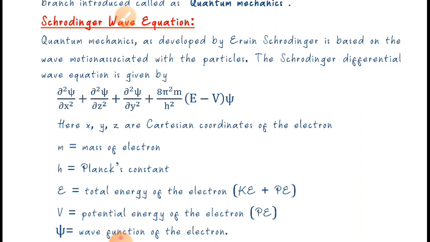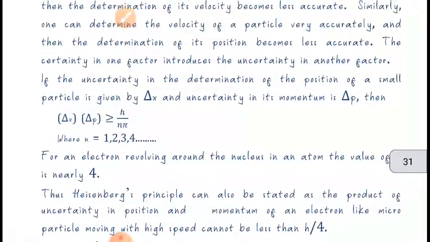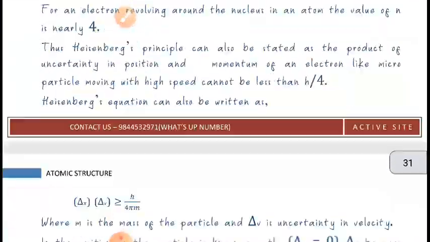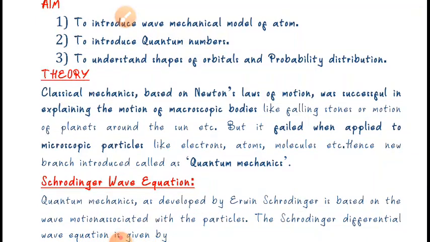We learned the de Broglie equation in the previous class, if you remember. When the de Broglie wavelength concept and the Heisenberg uncertainty principle came into light, the Bohr model of orbits completely failed.